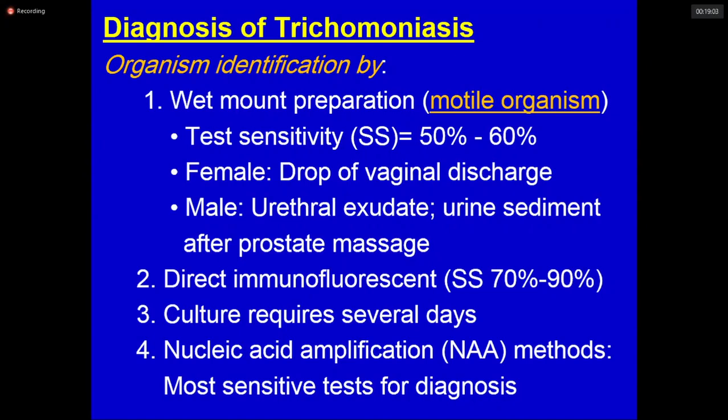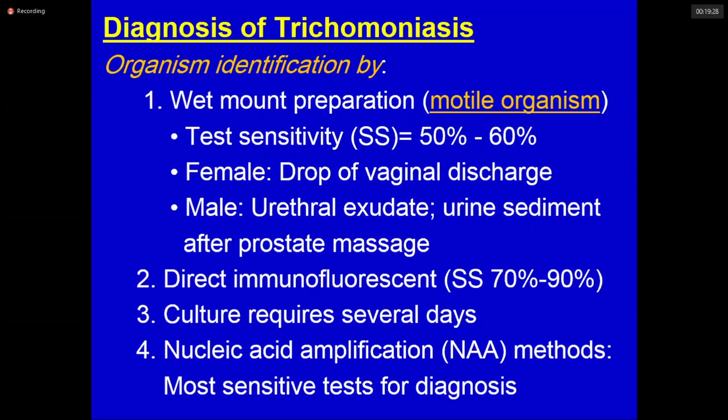The sensitivity of this test is 50 to 60%. You take from a female a drop of vaginal discharge, or from a male you take urethral exudate or urine sediment. That is the sediment of the urine: you take the urine and centrifuge it to get a sediment.